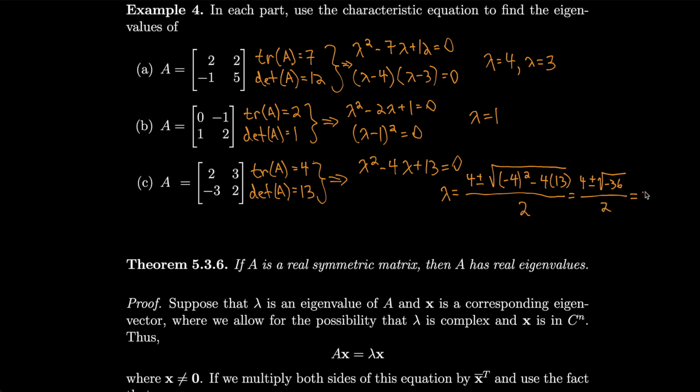So that's 2 plus or minus 3i. So we have eigenvalues of lambda equals 2 plus 3i and lambda equals 2 minus 3i.